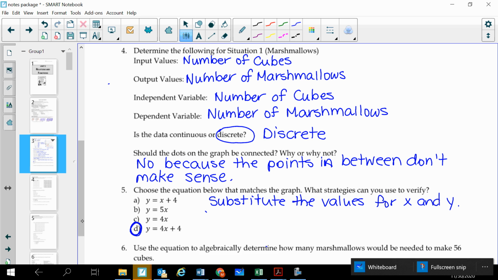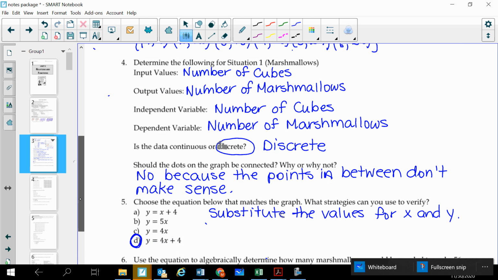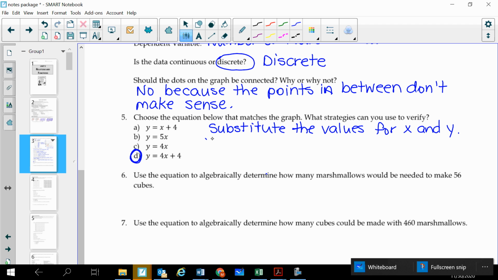Let's go back to our table of values. Let's use the 3 and the 16. So 3 cubes, 16 marshmallows. x is equal to 3, y is equal to 16.